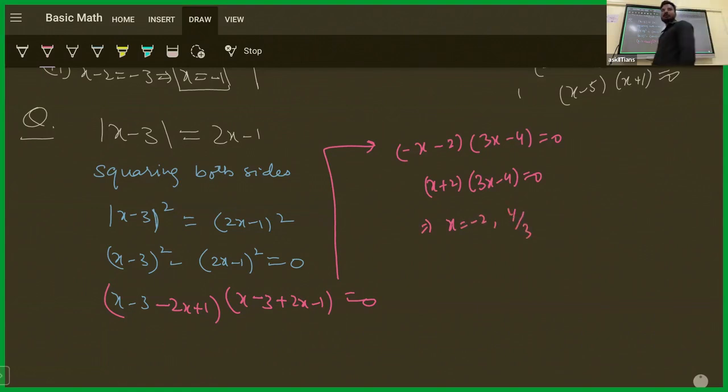Minus 2 and 4 by 3, right? We're getting these two values of x, minus 2 and 4 by 3. Now verify the answer also. Both the values are satisfying it or not?